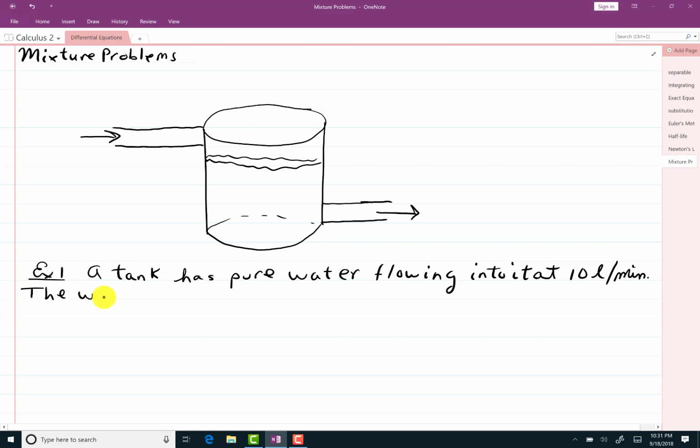The well-mixed tank water flows out also at 10 liters per minute.